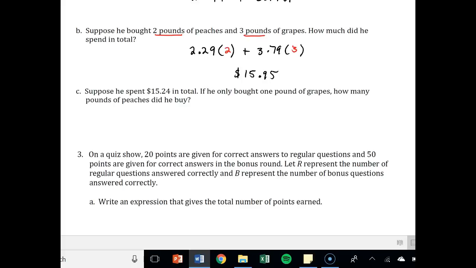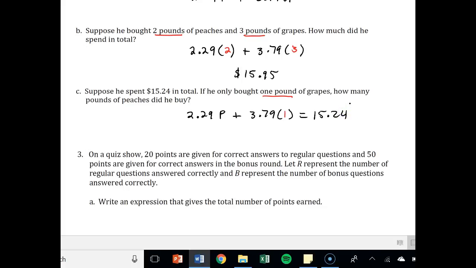Now, let's look at C. Suppose you spent $15.24 in total, and if you only bought 1 pound of grapes, how many pounds of peaches did he buy? So let's think about this. It's still $2.29 for peaches, plus $3.79 for grapes, and we know he bought 1 pound. So we can say, all right, he put in 1 for that one. And we also know his total of $15.24, right?